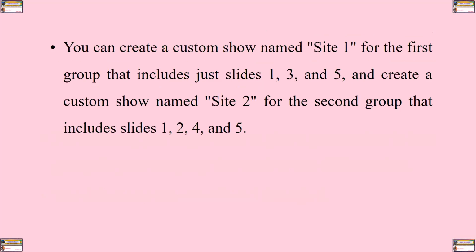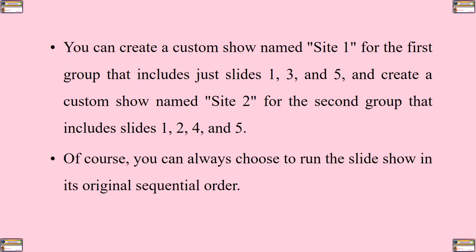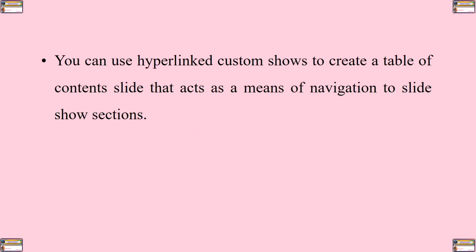You can create a custom show, for example, named Site 1 for the first group that includes just slides 1, 3, and 5, and create a custom show, for example, named Site 2 for the second group that includes slides, for example, slides number 1, number 2, number 4, and number 5. Of course, you can always choose to run the slideshow in its original sequence order.